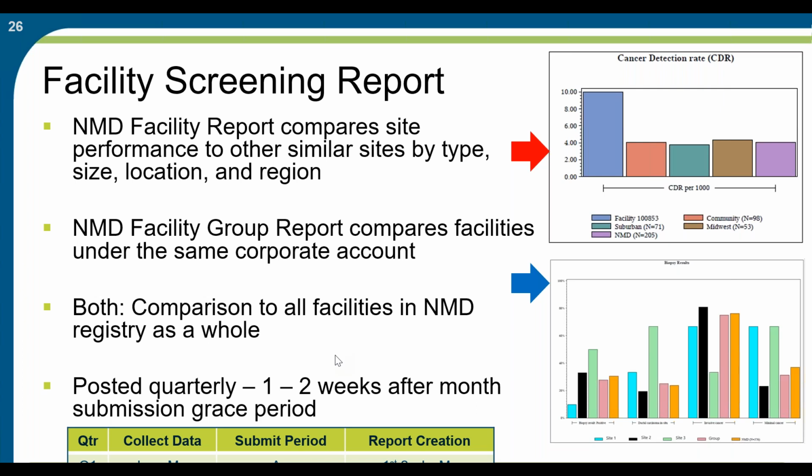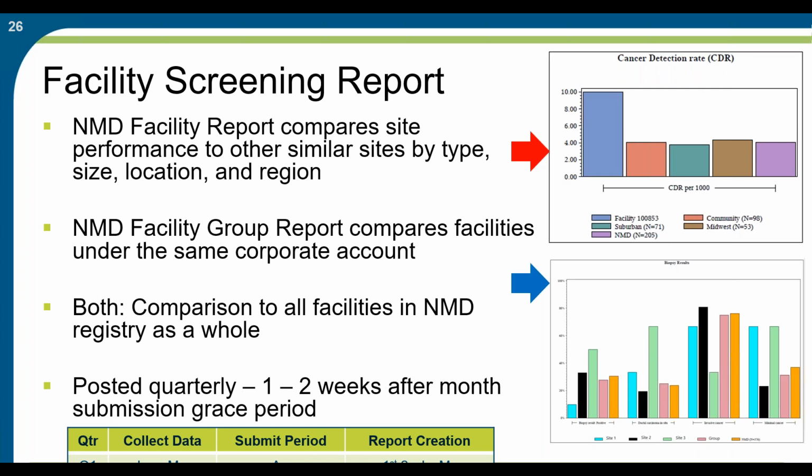The second graph on here is the facility group report, and the group report is very similar to the facility report, with the exception that instead of comparing one facility to the NMD or like facilities, it compares facilities within an entire corporate structure or group against each other.